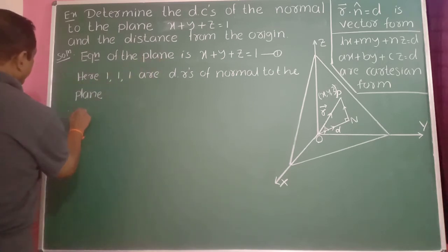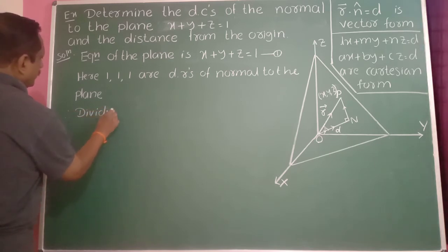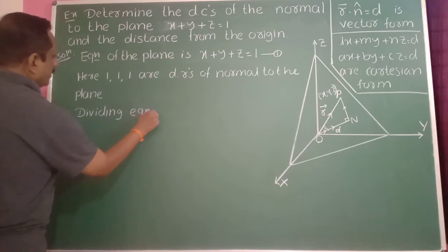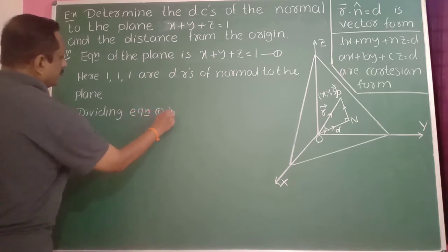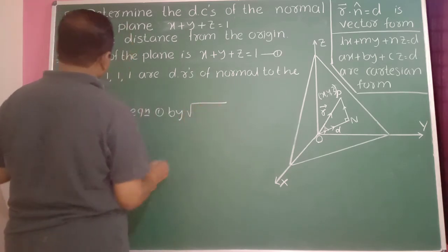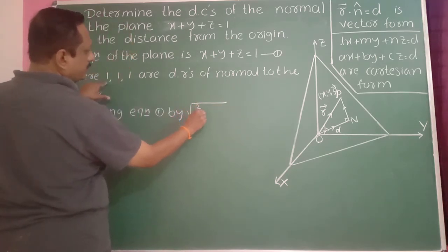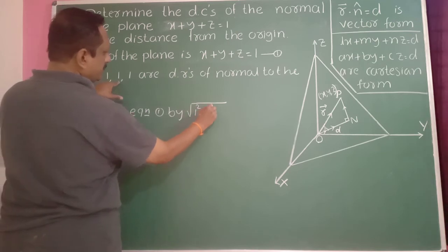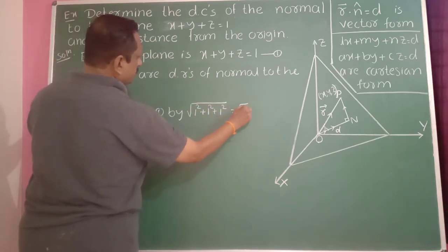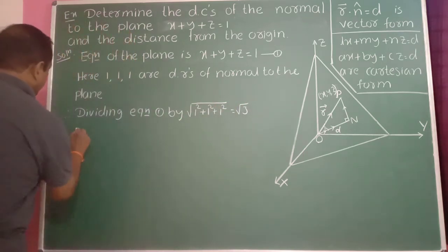Therefore, dividing equation 1 by the root of 1 square plus 1 square plus 1 square, which is equal to root 3, on both sides.